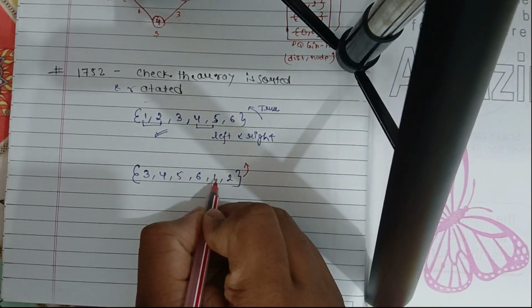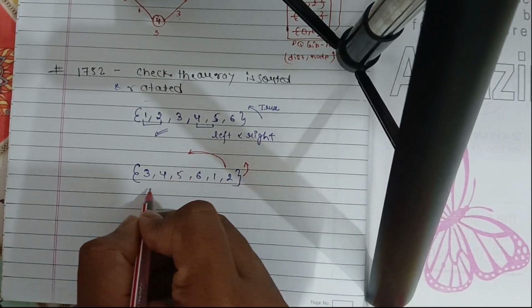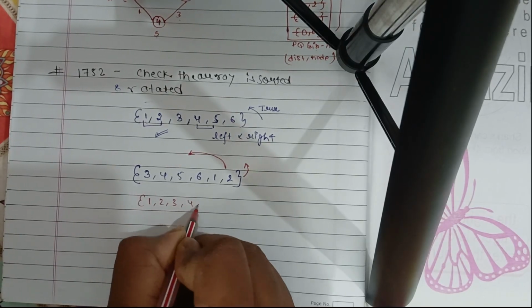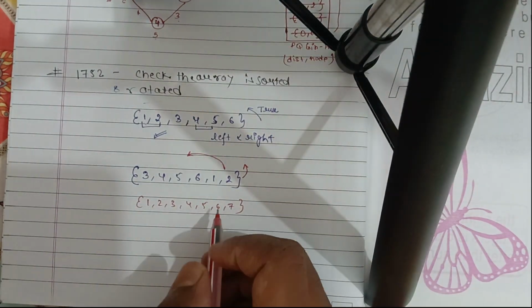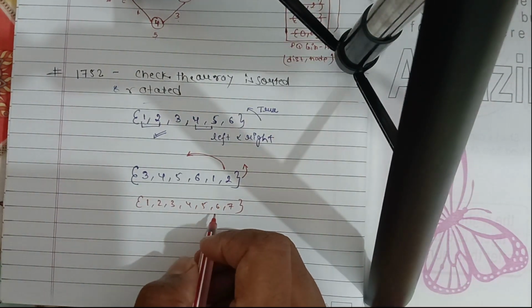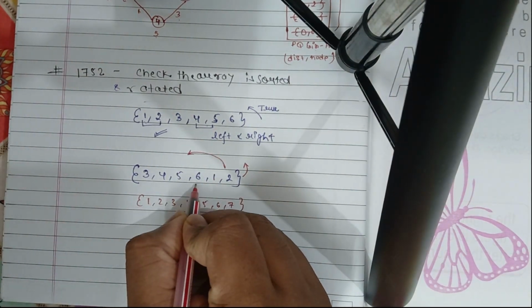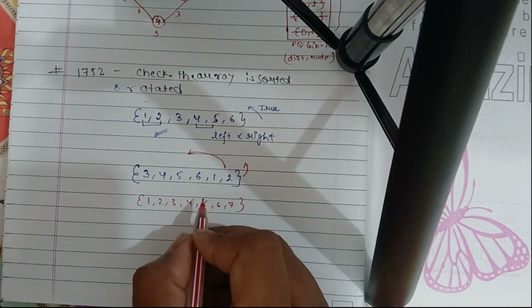Why? Because it is rotated. If you rotate it from this side 2 times, it will again be in the form 1, 2, 3, 4, 5, 6, 7. So whether it is rotated or not, you only need to check whether it is sorted or not.